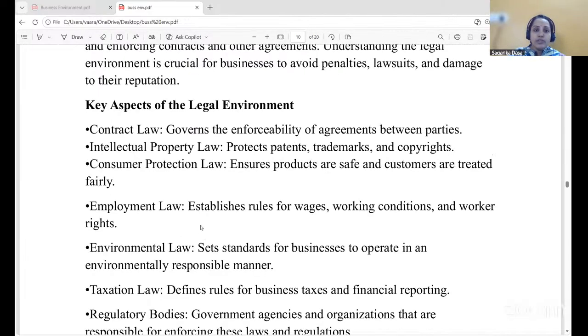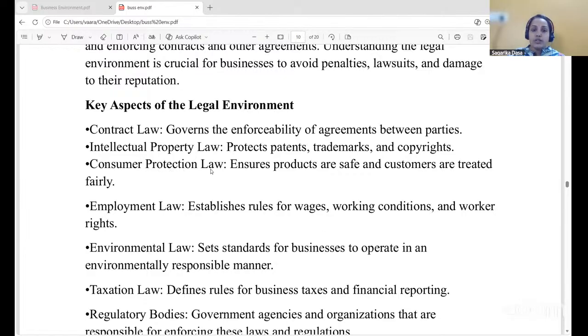Now, aspects of the legal environment. We have contract law, because business is all about dealing with people. Two people have to mutually understand and start to run the business, so there must be a contract between the parties. So they have to follow contract law. Intellectual property laws, like patents, trademarks, and copyrights.